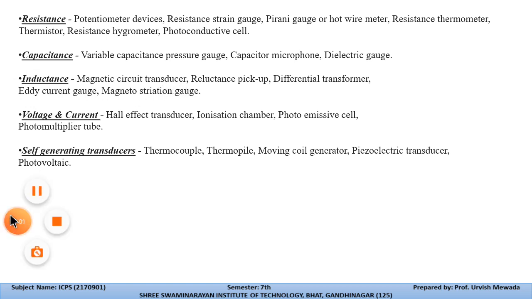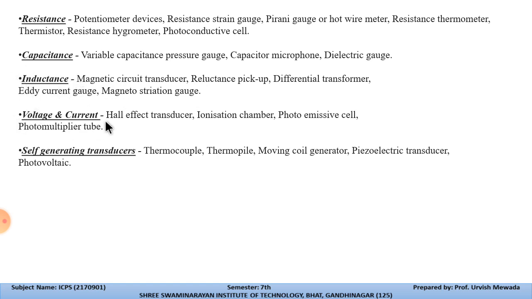In the inductance transduction principle, for magnetic circuit transducers, we use the reluctance principle, the differential transformer principle, the eddy current gauge principle, and the magnetostriction gauge principle. So basically we use the working property of the inductor, and from that we measure the physical quantity.